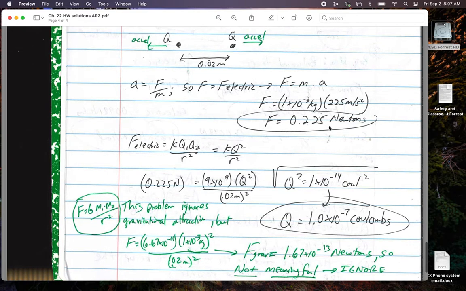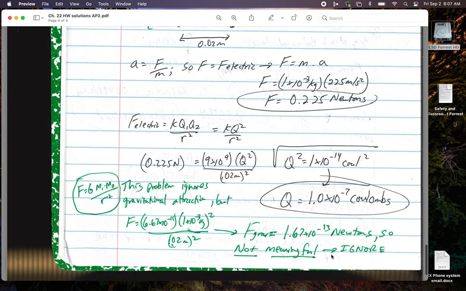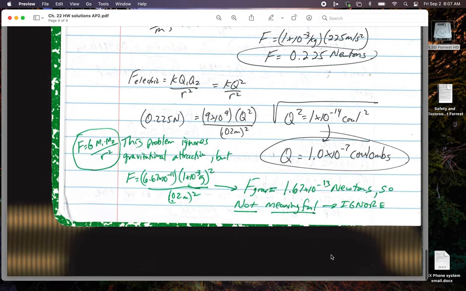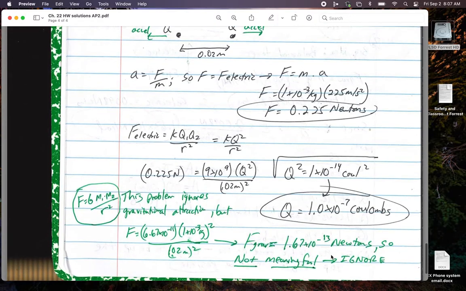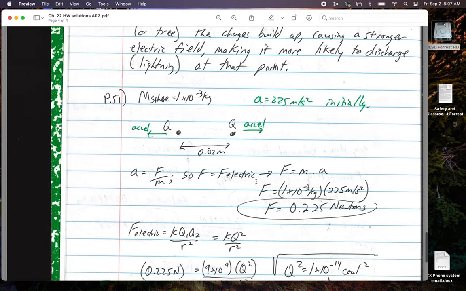Well, this is 0.225 newtons. So this is ridiculously small, meaning it is meaningless, and we can ignore that. So I just wanted to make sure I showed that to you so you could think about the difference in magnitudes between electric forces and gravitational forces.